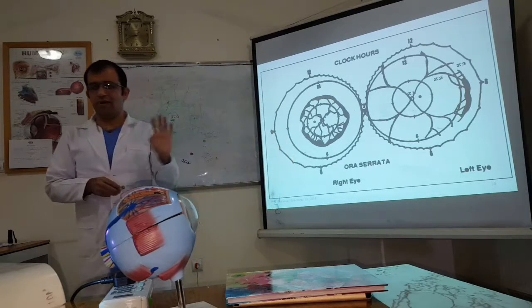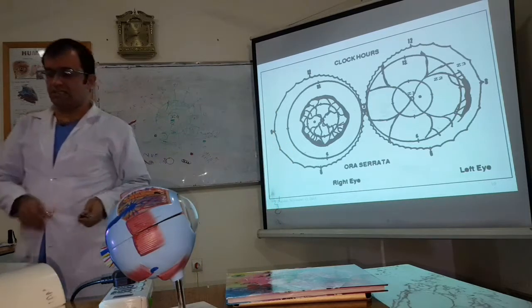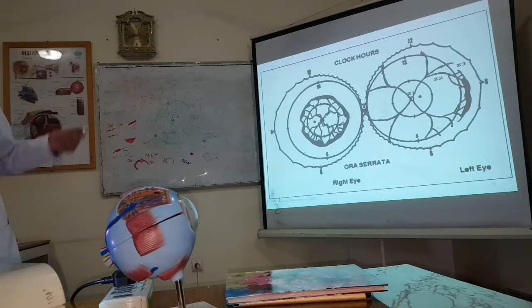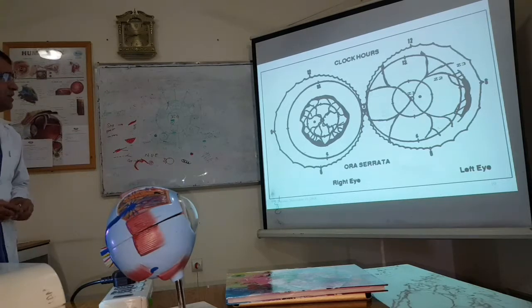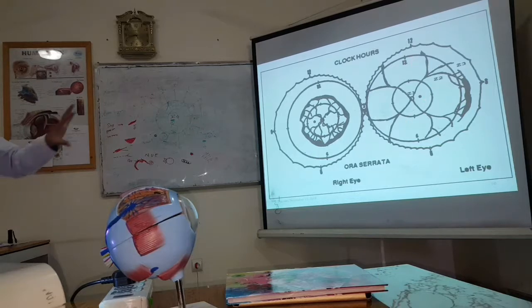One thing is that by the serrations we know which eye it is, and another thing is the optic nerve. The optic nerve head is located nasally. In all the drawings, you draw the fovea in the center of your circles. Fovea in the center, but in this picture it's not very clear.